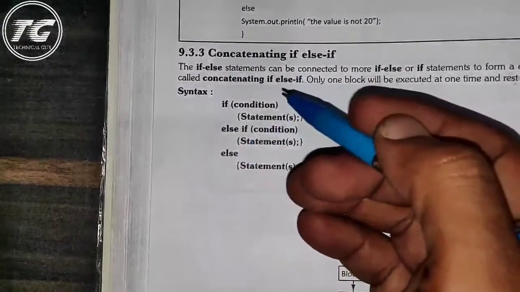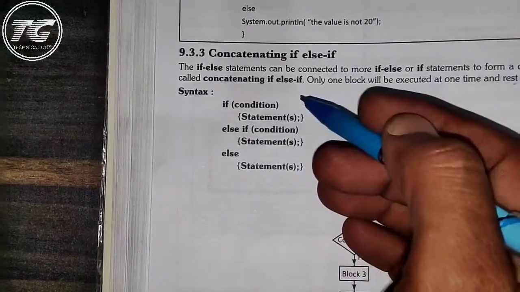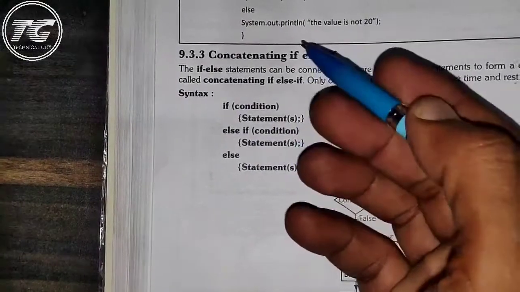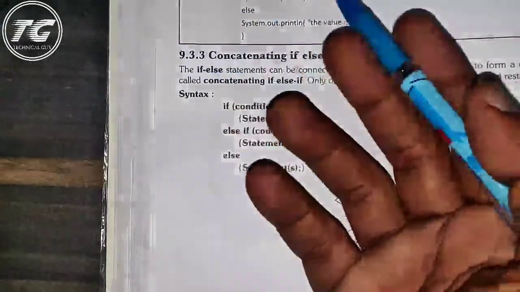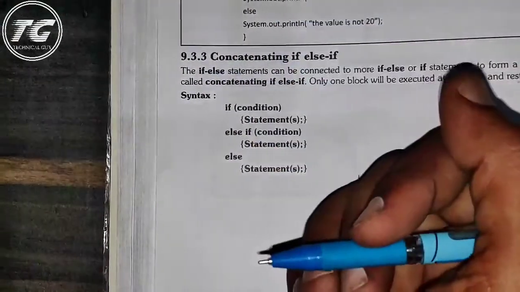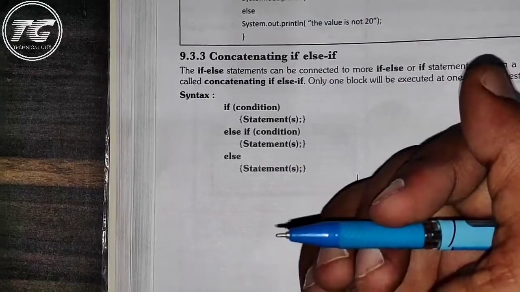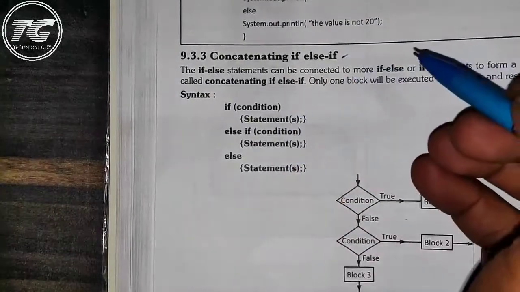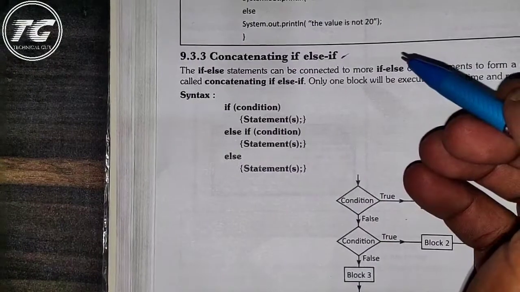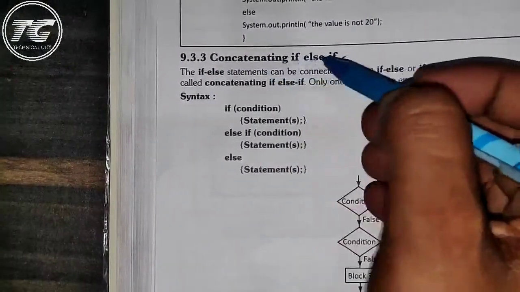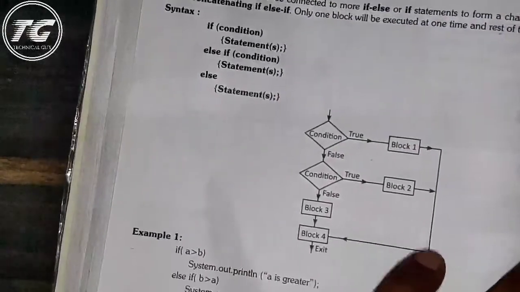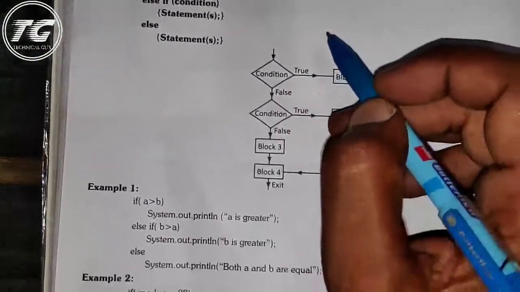If you have two decisions, like if the condition is true then this thing should happen, if the condition is false then that thing will happen, then you have the if else. But what if you have more than two cases to execute? In that case you need to use this concatenating if else if statement. So this is the working.